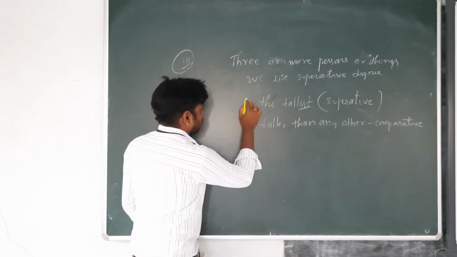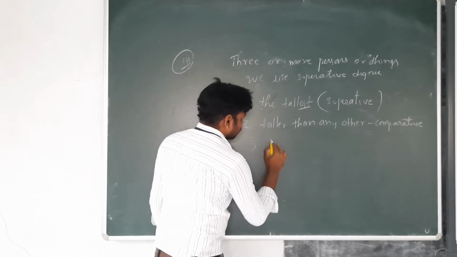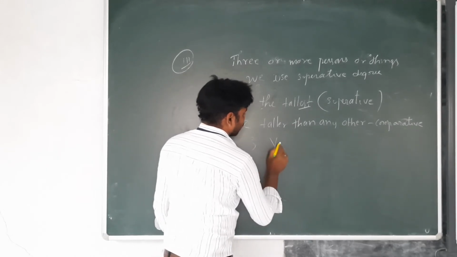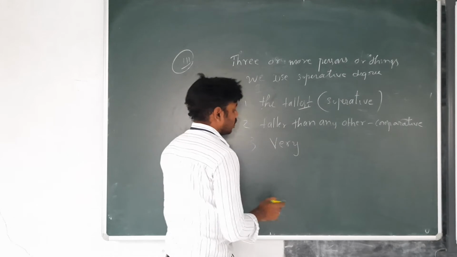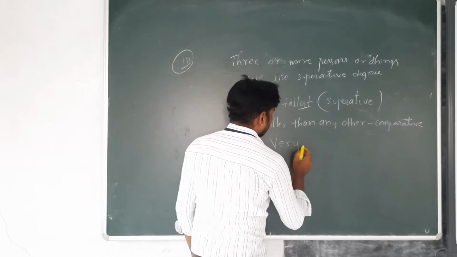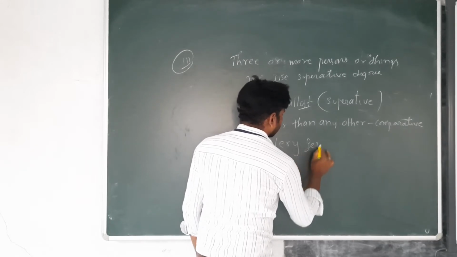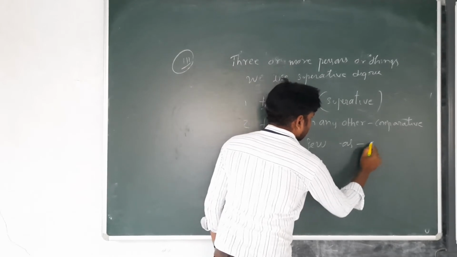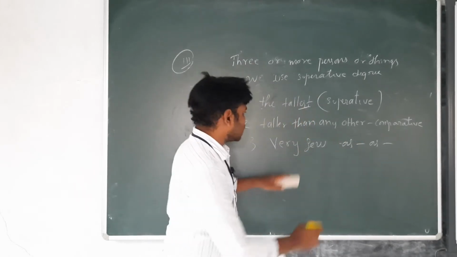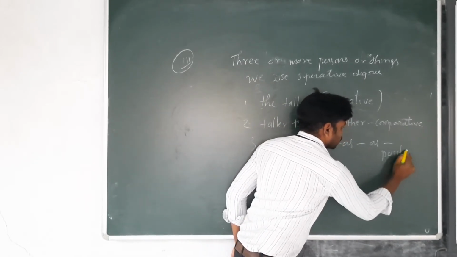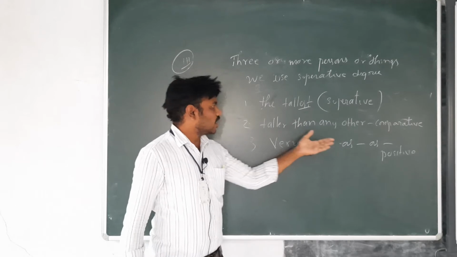Then, very few, as, here you can write adjective. This is positive degree. So this is called the tallest, superlative; taller than any other, comparative.